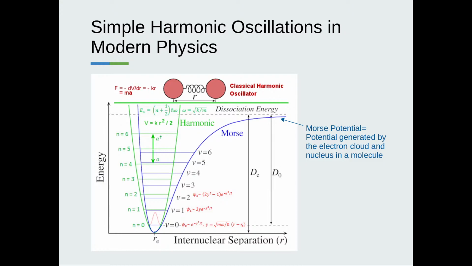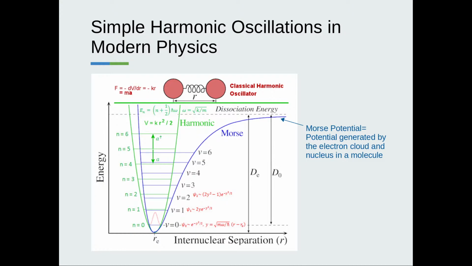So here the potential energy is generated by the electrons around the nucleus. So now this is what you can call the electromagnetic potential. This is not the elastic force, but the action of it is actually just like a restoring force. So now it has a name which is called the Morse potential.